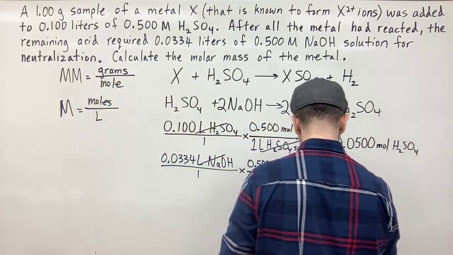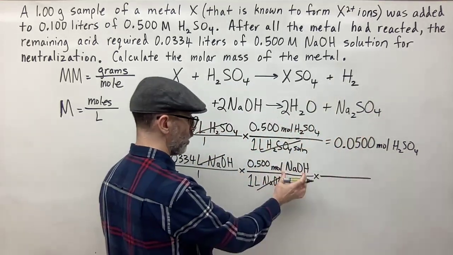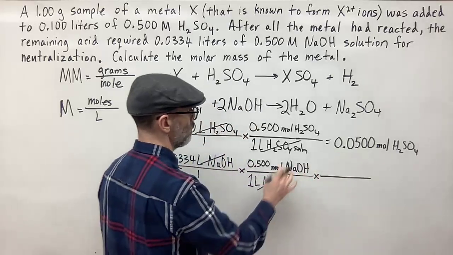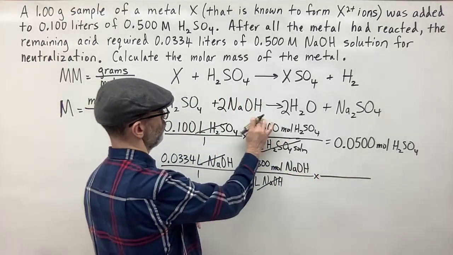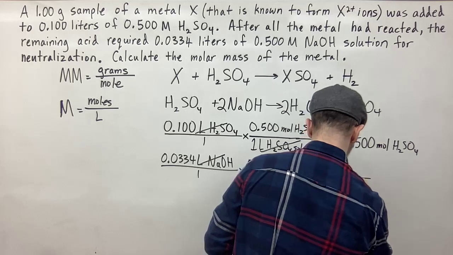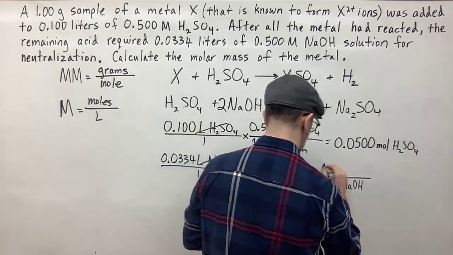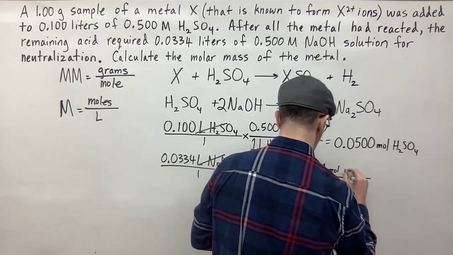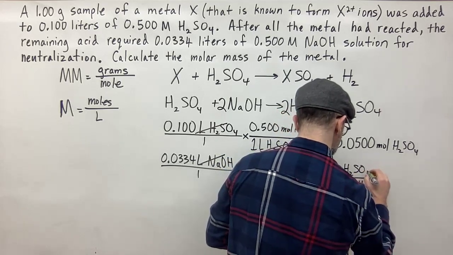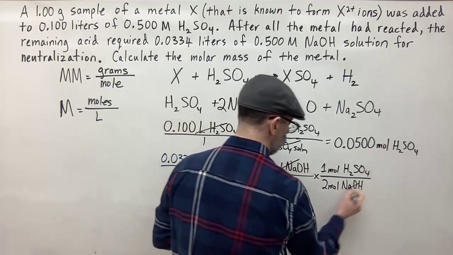So on the bottom, I'm going to put 2 moles of NaOH, and on top 1 mole of the H2SO4. And that's what I want. So I'm going to cancel out moles of NaOH.